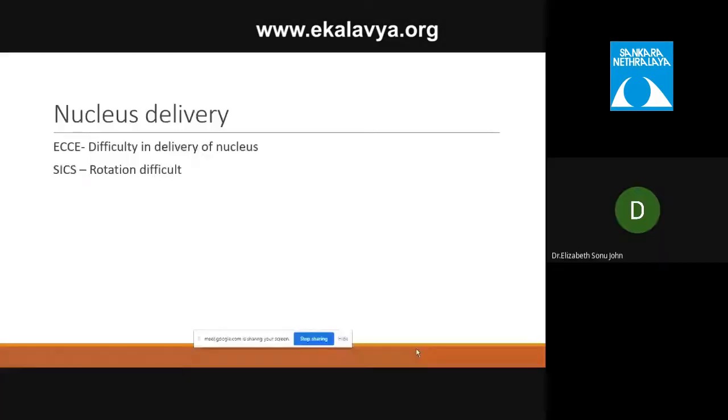The second thing is tilting of the nucleus. Suddenly the nucleus can tilt. You might see clearing of the cortex, or you can even have difficulty in delivery. If you have difficulty in delivery, check whether your section is clear, or if there is any width in the section.